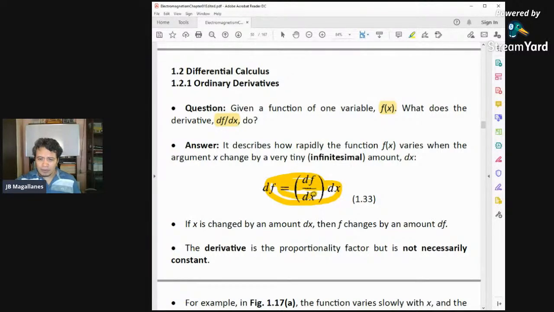For example, if you have a function f of x equals x cubed, the first derivative with respect to x is just 3x squared dx. That's the first order derivative.